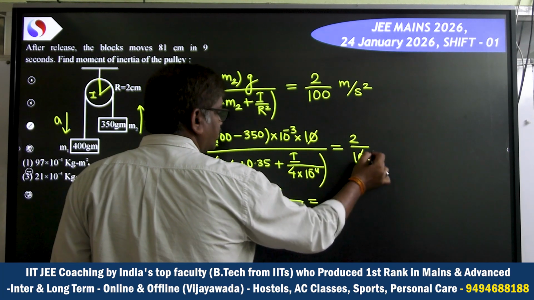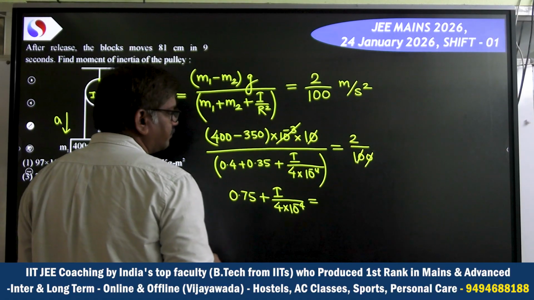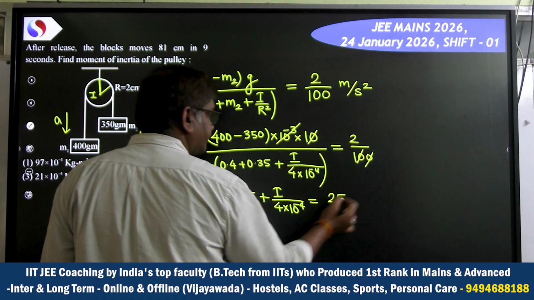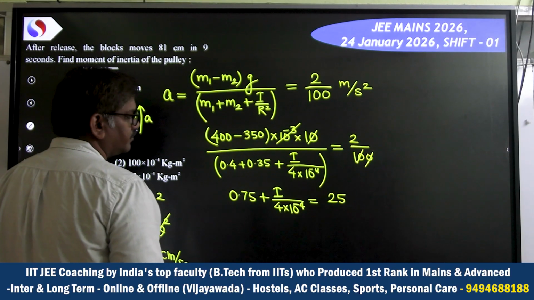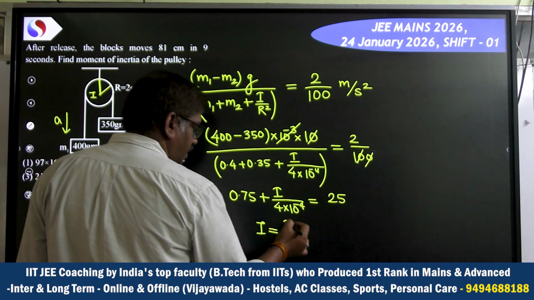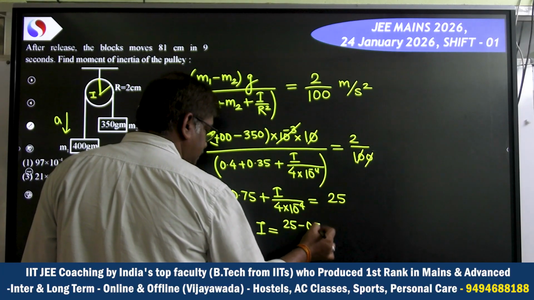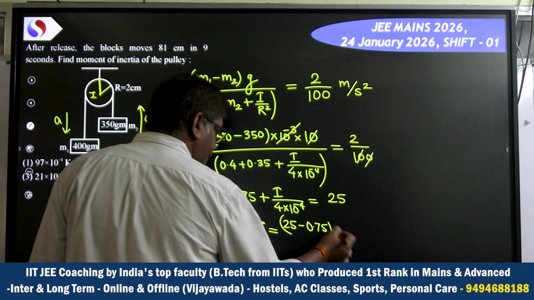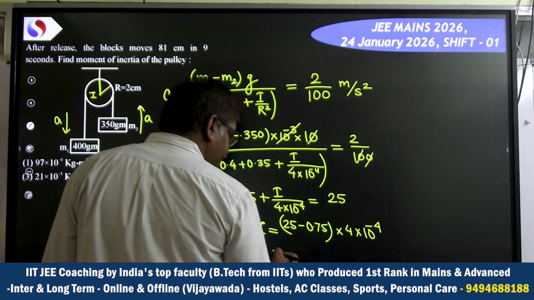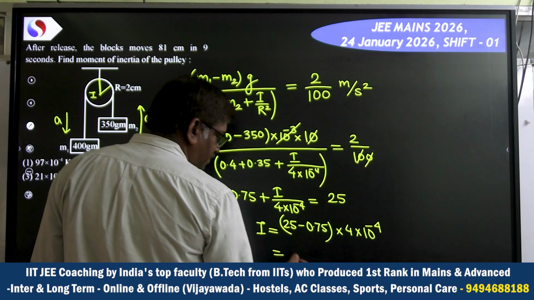So 1, 2, 3 into 3, this cancels. This is 50 by 2, this is 25. Alright. So I is equal to 25 minus 0.75 into 4 into 10 to the power minus 4. You can multiply this inside.